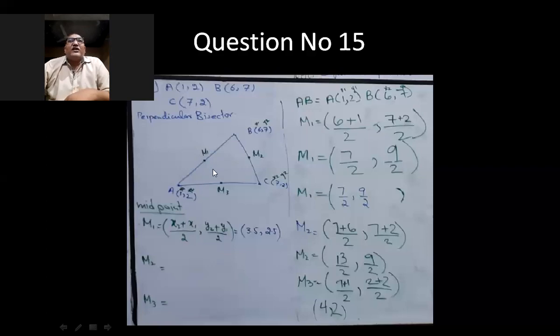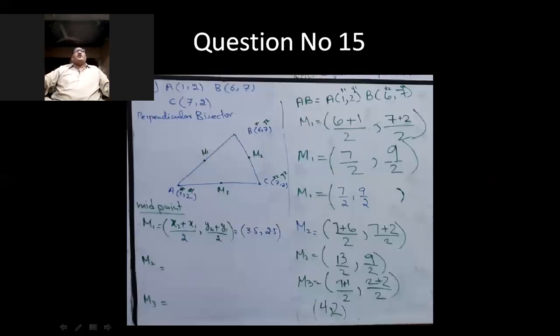So M1, the coordinates of the midpoint of AB, are 7 by 2, comma 9 by 2.